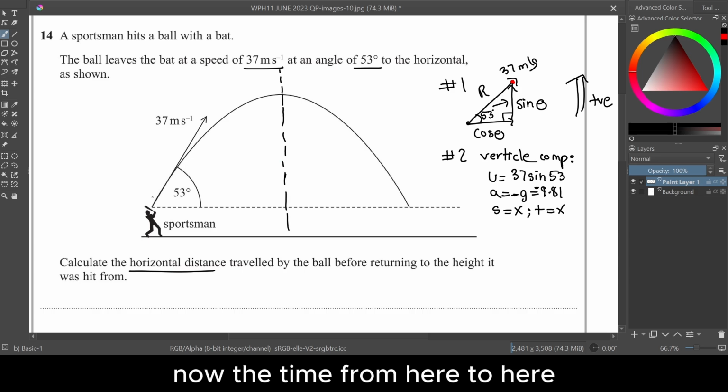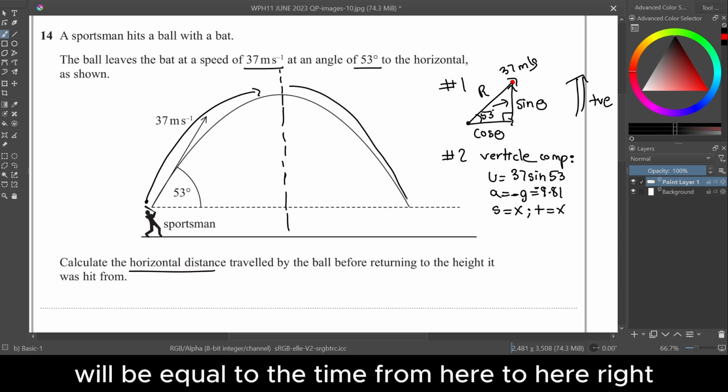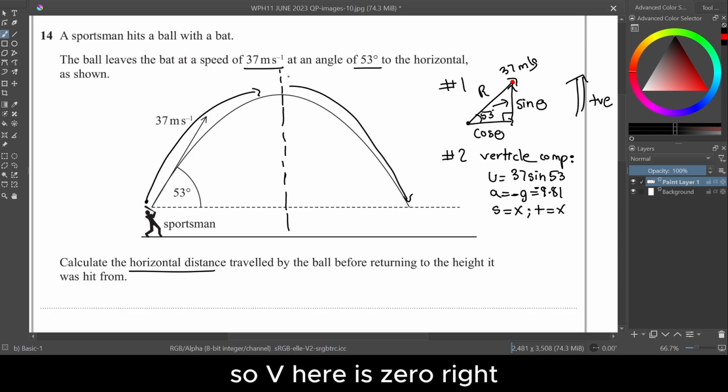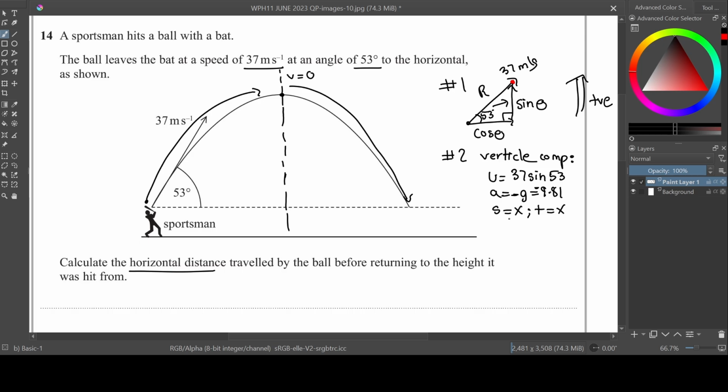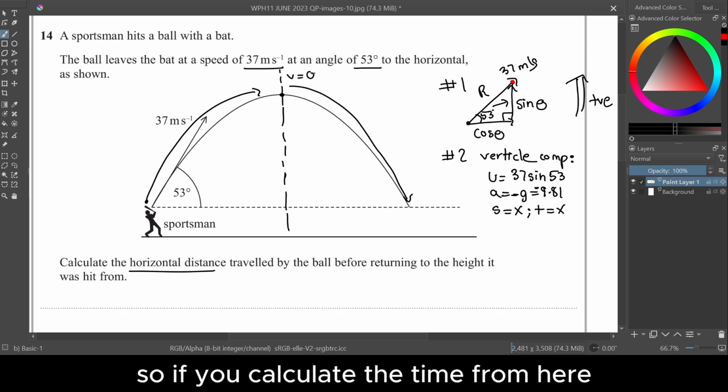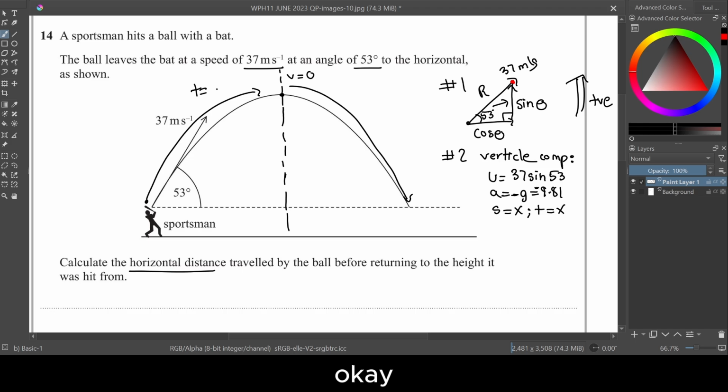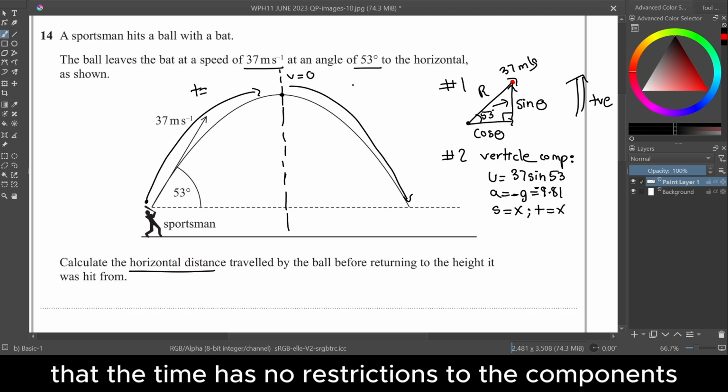Now the time from here to here will be equal to the time from here to here, right? So v here is 0, right? It's like reaching a stationary point at the top, right? So if you calculate the time from here, and you should know by now that the time has no restrictions to the components, right?